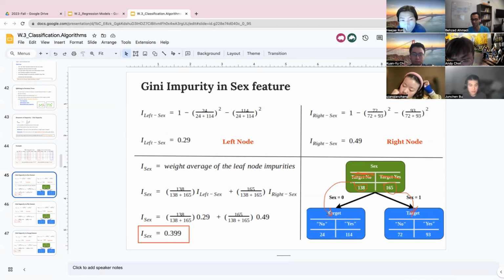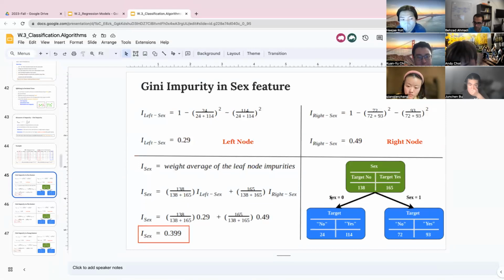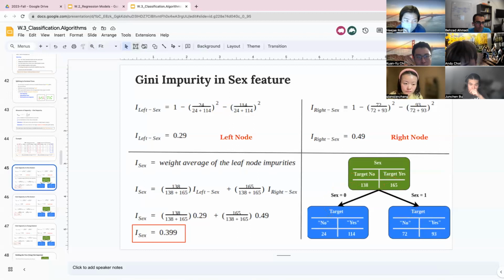Thanks for correcting it. Let me take a note of this. That's exactly correct. So I'm going to erase all.